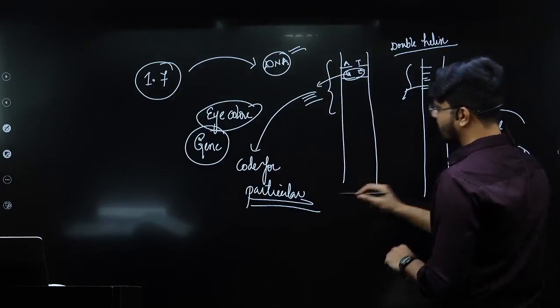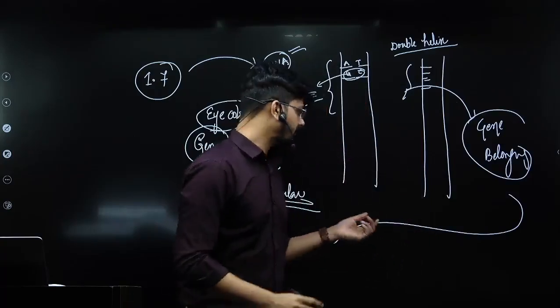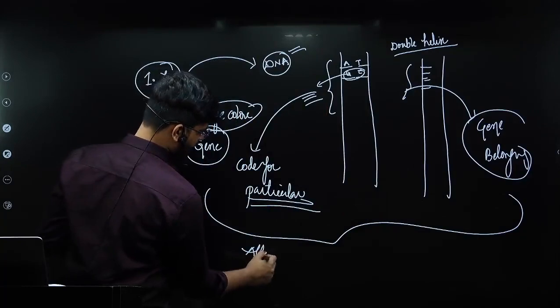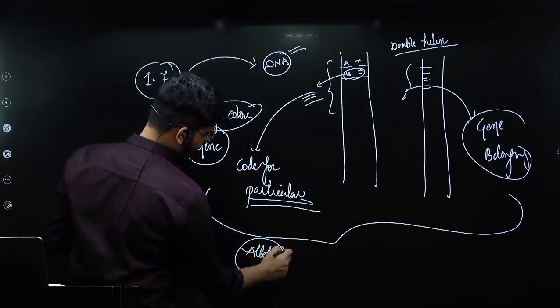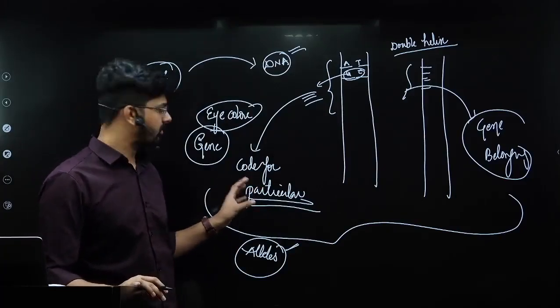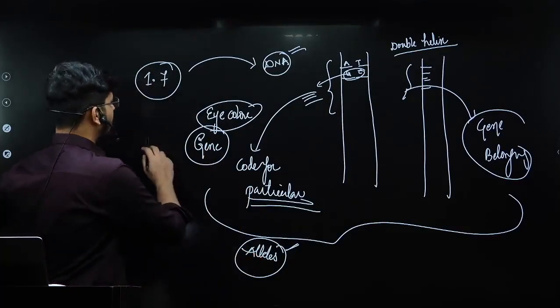The variation in terms of information within the genes is known as alleles. The variations related to the same particular trait are known as alleles. So this you need to recall.